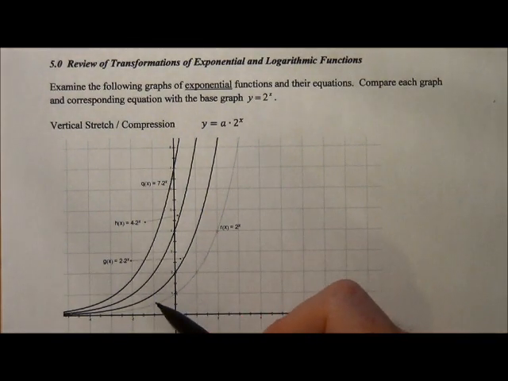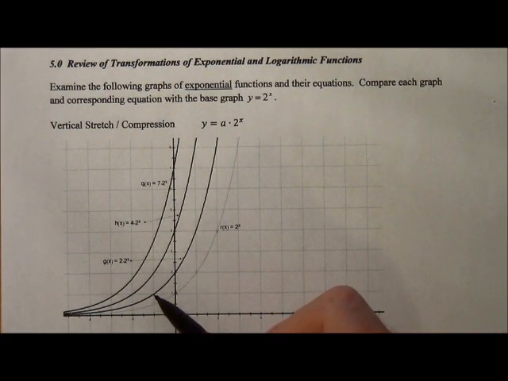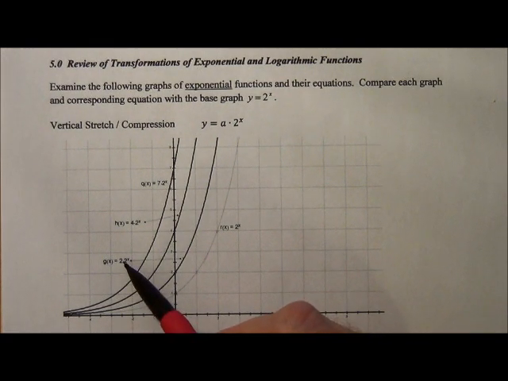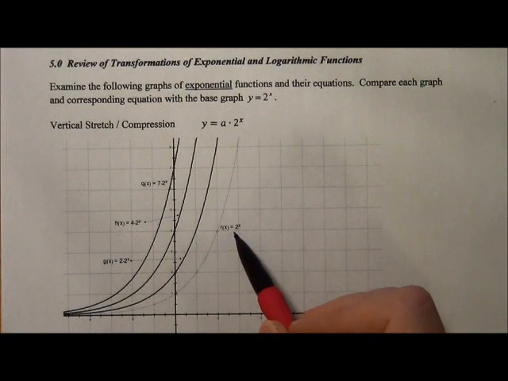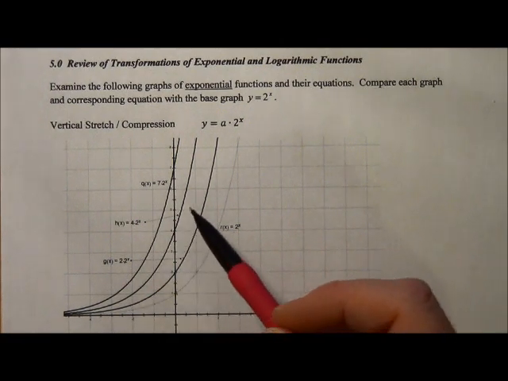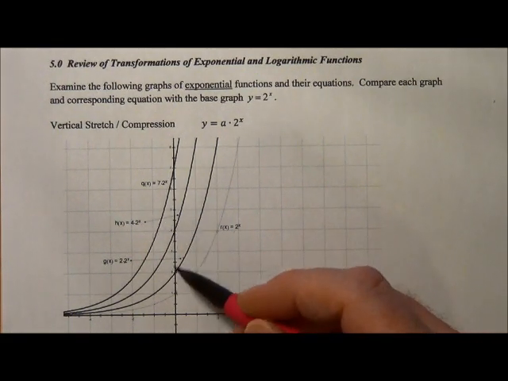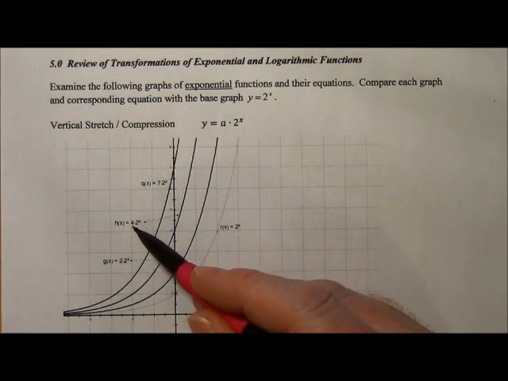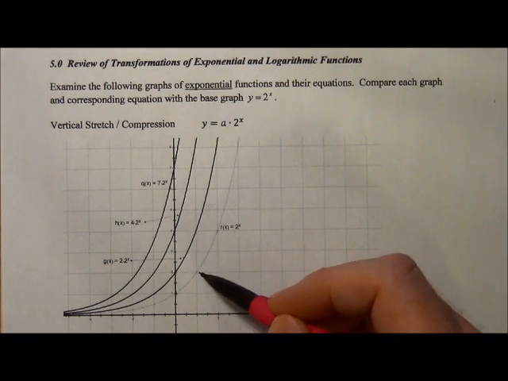And then on the left side, the negative side of the y-axis, the same kind of thing happens: when y equals a half on the original, y equals 1 on the transform function. And when y equals a quarter on the original, y equals a half on the transform function when x equals -2. Okay, etc. And that continues. When you have a function y equals 4 times 2 to the x, same thing applies. All the y values now get multiplied by 4. So the y-intercept of 1 is at 4.